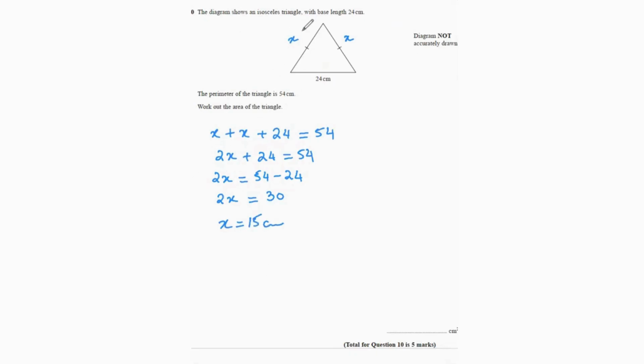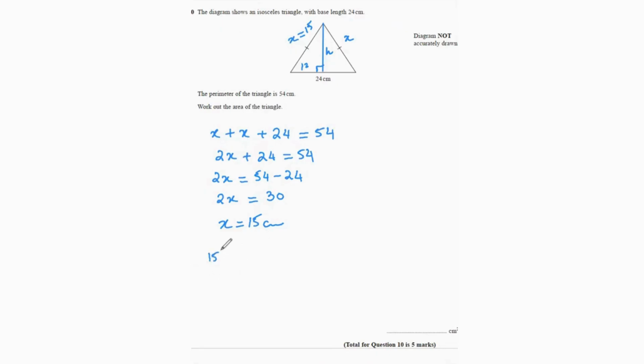So now if this is 15, like we did previously, we're going to split the isosceles into a right angle triangle. This length is going to be 12, and we're going to use that to find the height because we can't find the area without the height. That's an essential part of the formula.